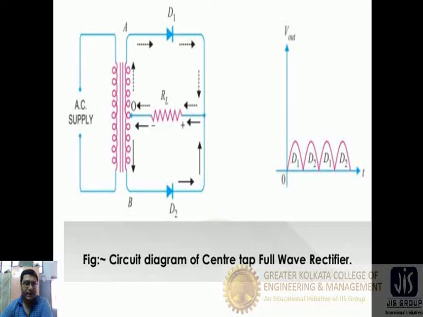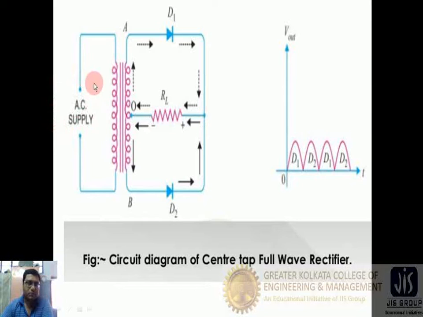So here is the diagram. It is a center tap transformer we are using, and using two diodes we are building a full wave rectifier. So there are two diodes, a center tap transformer and a load resistance. It is also a step down center tap transformer where an AC input is present.